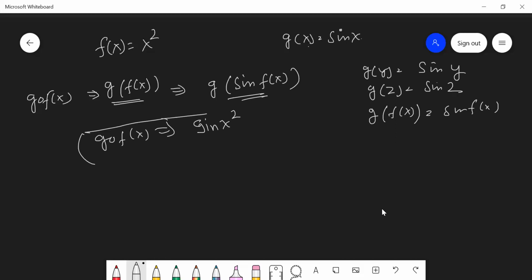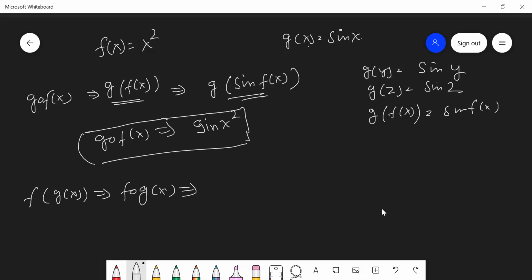This is the composition of functions. And when we take the second function, g(x), we may write it in this form also, fog(x). So f(g(x)) means, replacing the value of x in f(x) equals x square, f(g(x)) equals g(x) square.